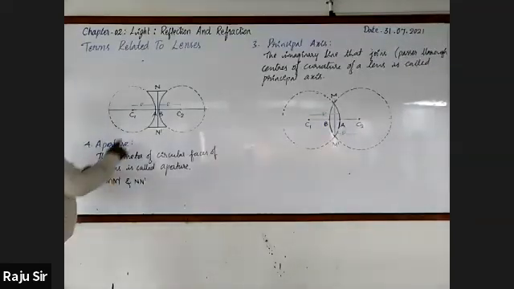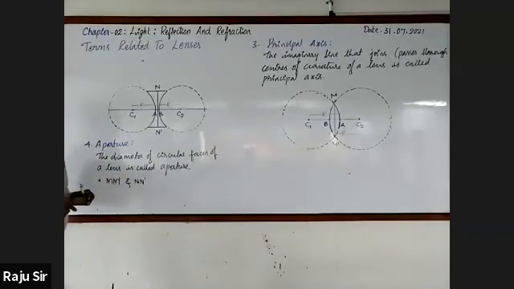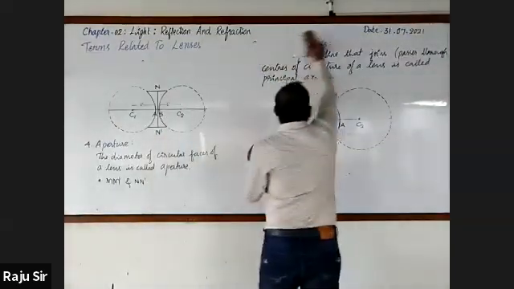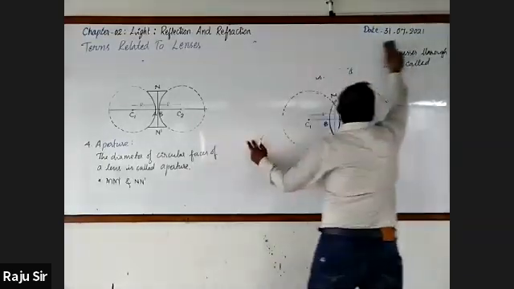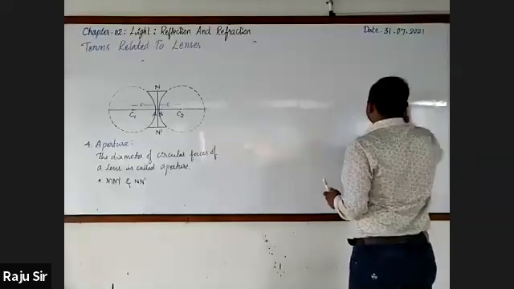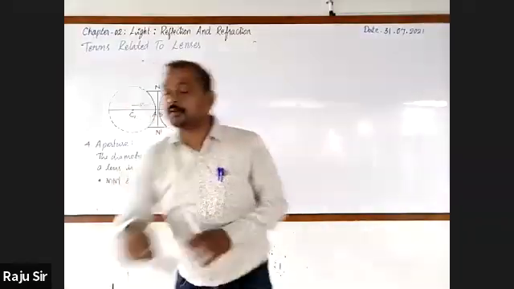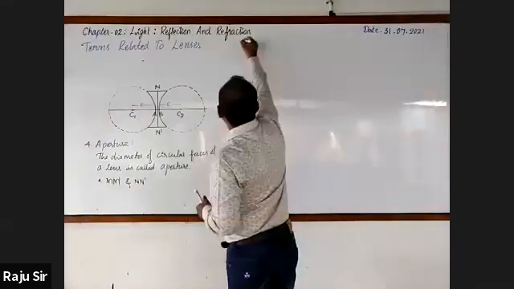What do you call the point of intersection of principal axis and the aperture? It is optic center, also called optical center. And it is also defined as the geometric center of the lens. This is the fifth one.